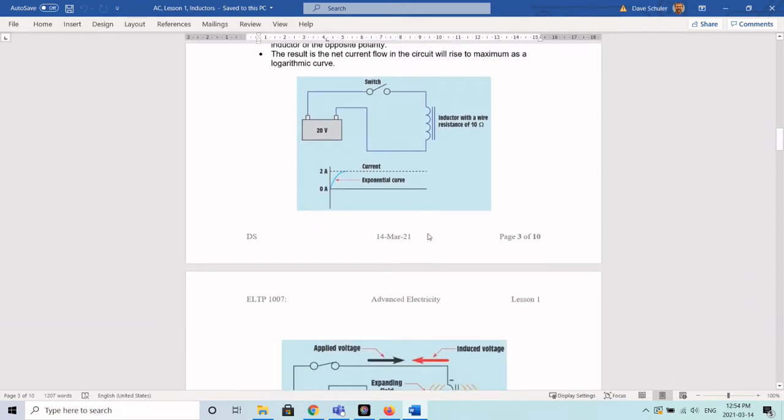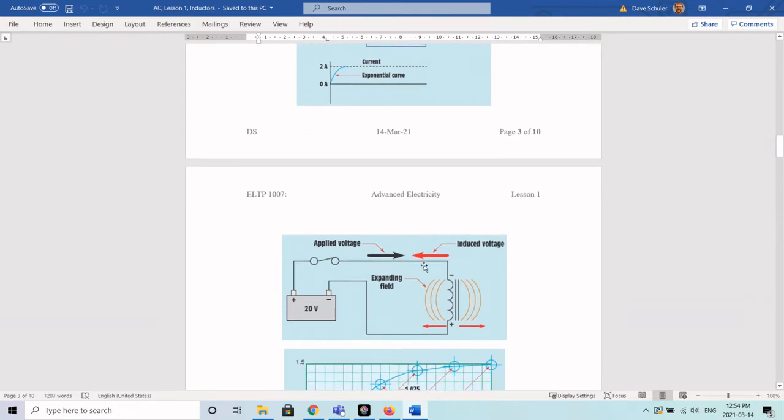Okay, let's look at the next image. Here's the expanding magnetic field. Here's the applied voltage. The instant that we close the switch, we get this 20 volts of applied voltage. But immediately we're going to start to see an expanding magnetic field as a result of current flow, which is immediately going to generate this induced voltage pushing back against the applied voltage.